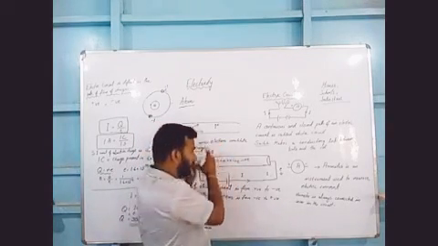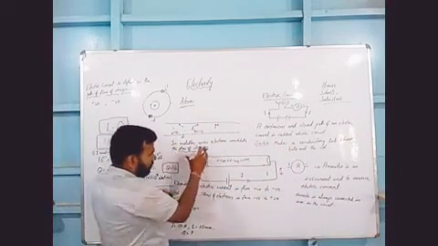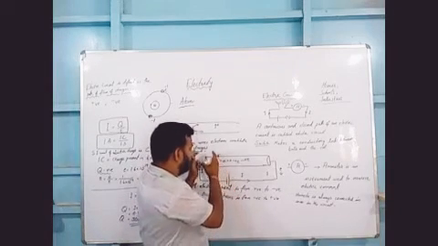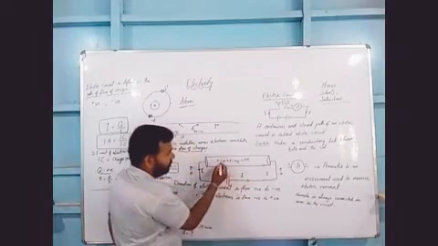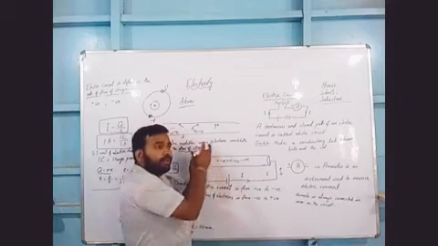Similarly, what do you mean by air current? Air current is the movement of air from one place to another. And what do you mean by water current? Water current is the movement of water from one place to another.